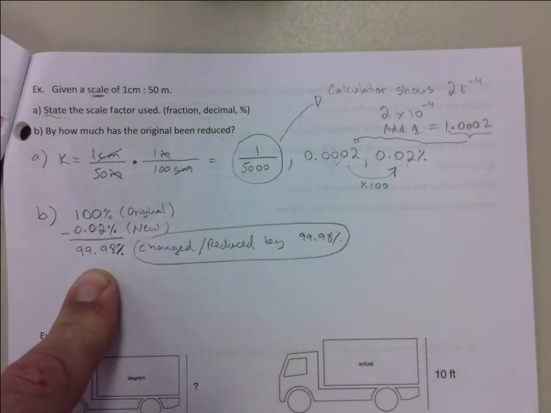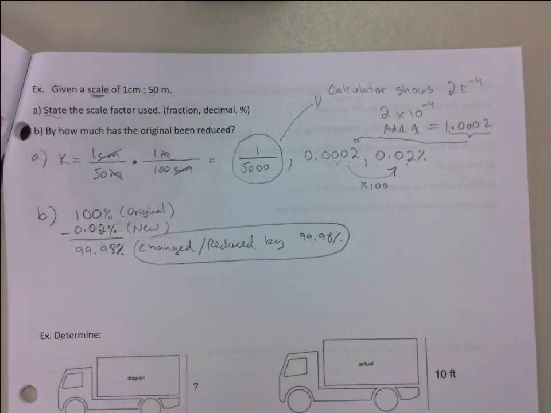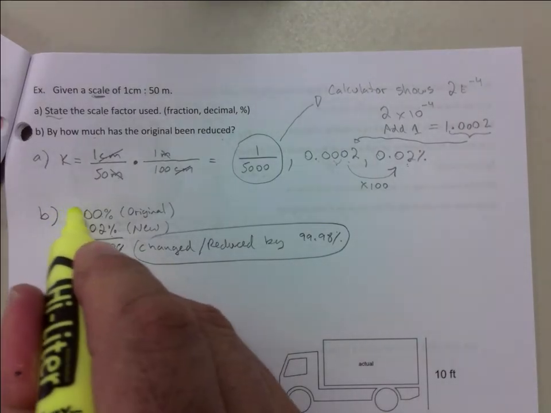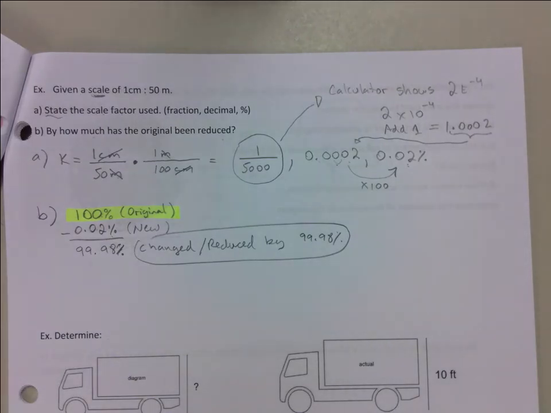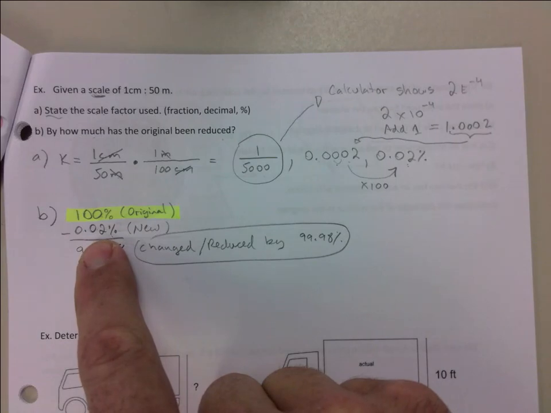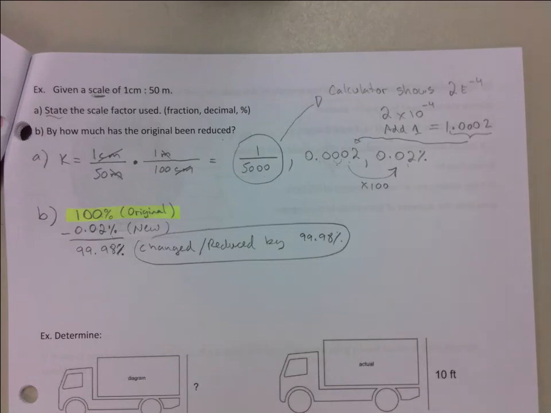So the key here is 100. 100 is our baseline. So if K is bigger than 100%, right, you'll take that number, subtract 100 from it, and then you know how much it has been increased by. If K is less than 100%, then you need to take 100 minus that to see how much it has been reduced by. Okay, so that's how that goes.